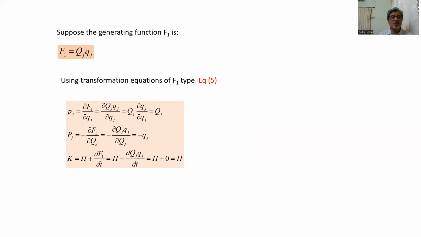And the last equation is K is equal to H plus ∂F1/∂t. We are putting the value of F1, and there is no time variable, so that becomes 0. So K is equal to H. So this is one more transformation relation we have obtained.